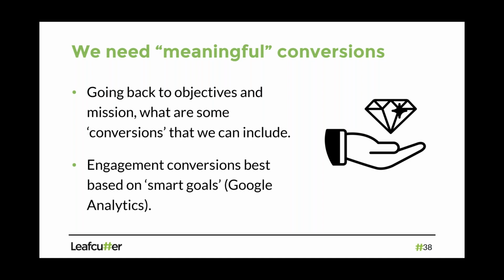In Google Analytics, Google set up what's called a SMART goal, which is a goal based on engagement, where they look at a bunch of different factors: how long people are on the site, how many pages they're looking at, the type of device they're using. They don't say exactly what they look at, just that those are a few things they do look at. We can then use that as a rough engagement metric on your website, so we don't have to rely on just one number like time or pages, because Google has a conversion that can look at those all together.